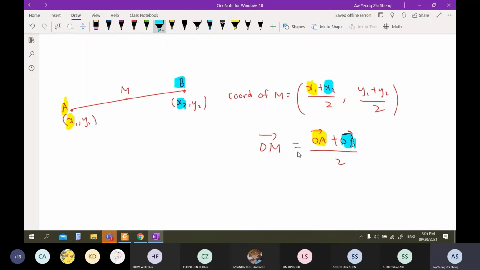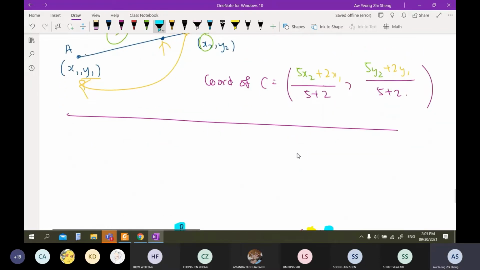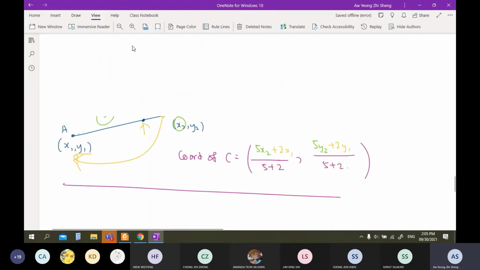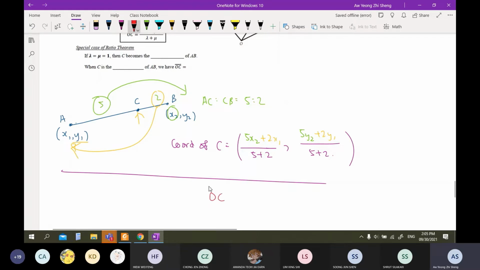Okay. So now go back to the ratio theorem. According to the ratio theorem, if I want to convert this into a formula for vector OC, your intuition will tell you that this will be 5 plus 2 at the bottom, right?